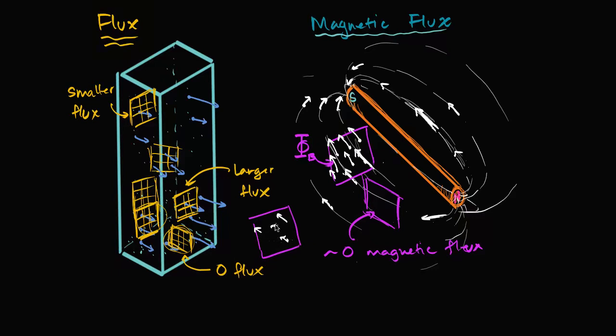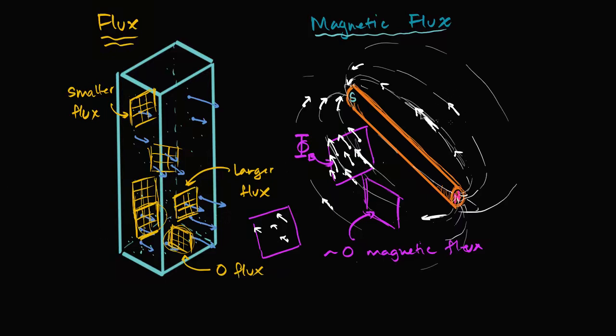If they are perpendicular, you have larger flux. If they are going in the same direction, you might have zero or very little flux. If you have a weak magnetic field out here, the flux is going to be lower than if you have a strong magnetic field. That's analogous to high density and high velocity being a lot of flux, versus low density or low velocity being lower flux.